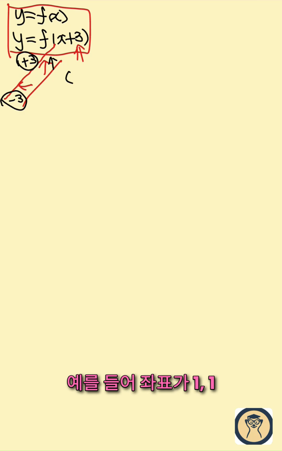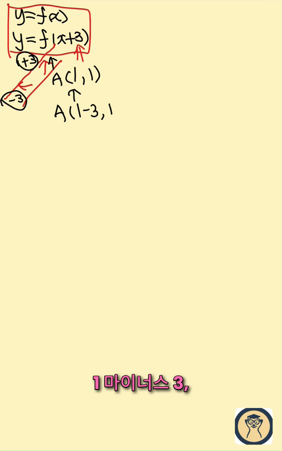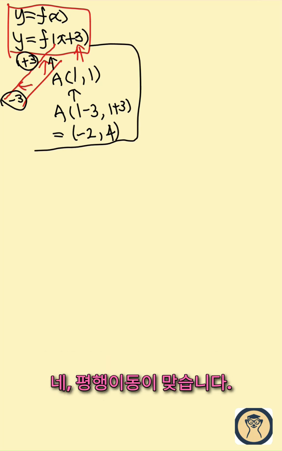For example, if we have the coordinate (1, 1), then this point A is shifted by 1 - 3 and 1 + 3, which makes it (-2, 4), right? So yeah, that was translation.